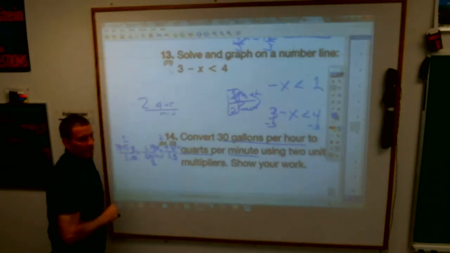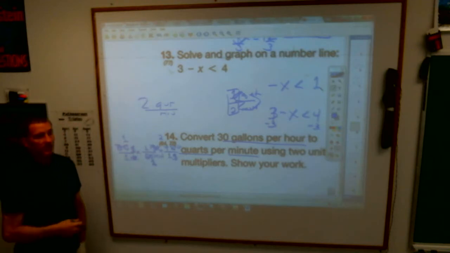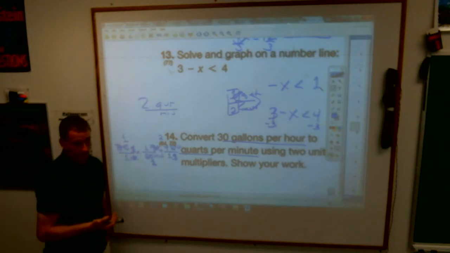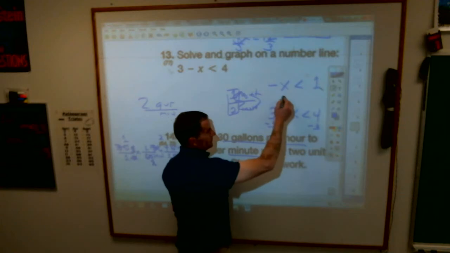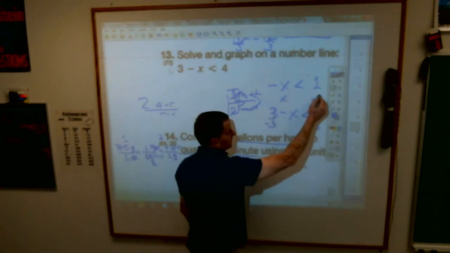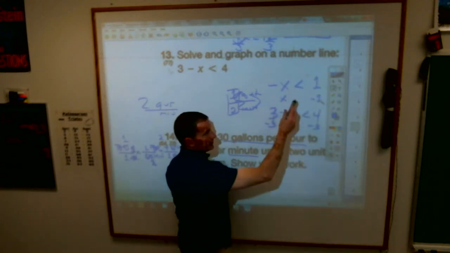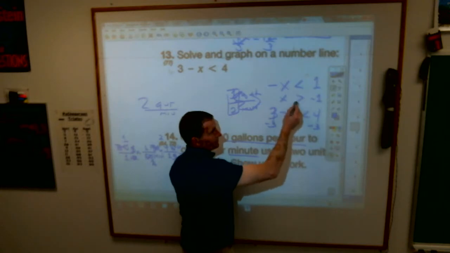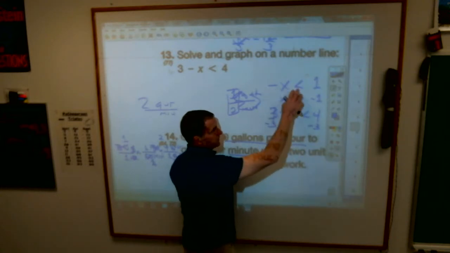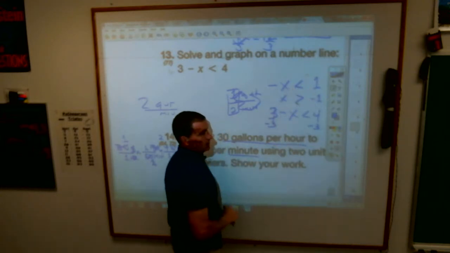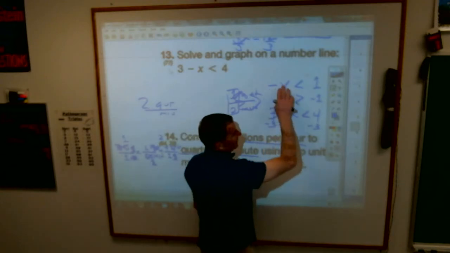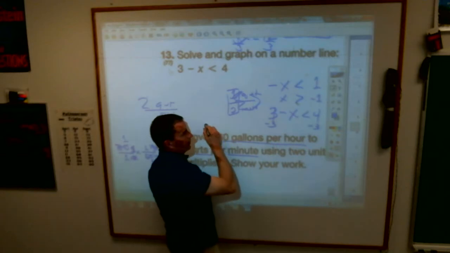You are not allowed to have a negative with the x, so you have to change it. You make this its opposite. You make this its opposite. But when you do that, you also need to make this its opposite. You change this, change this, change this. All 3 need to be changed. So instead of negative x is less than 1, it is positive x is greater than negative 1.